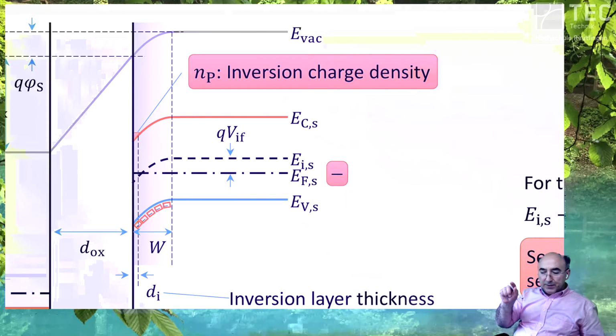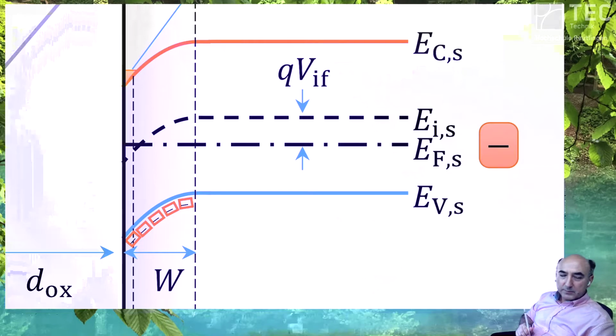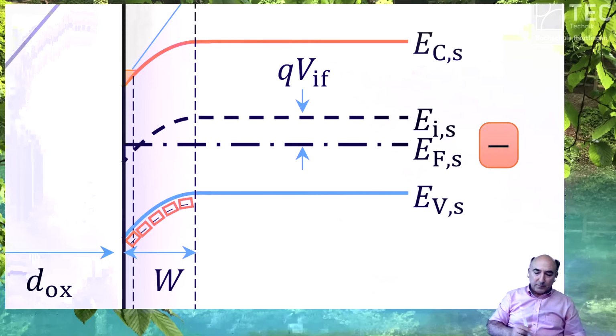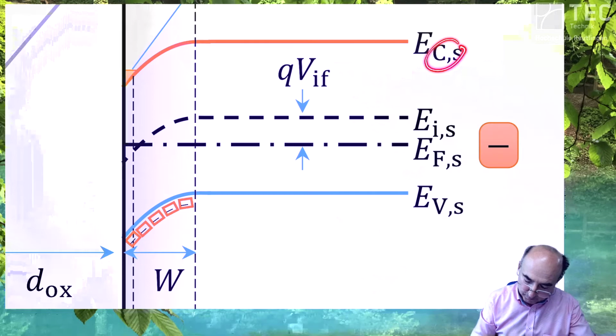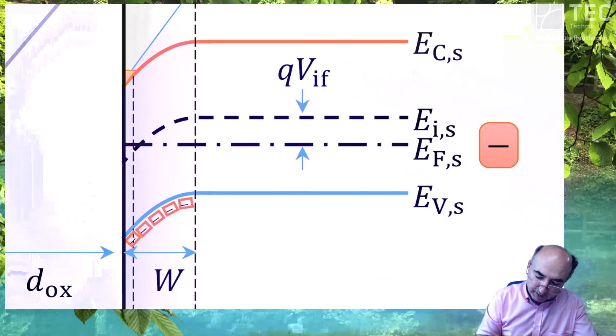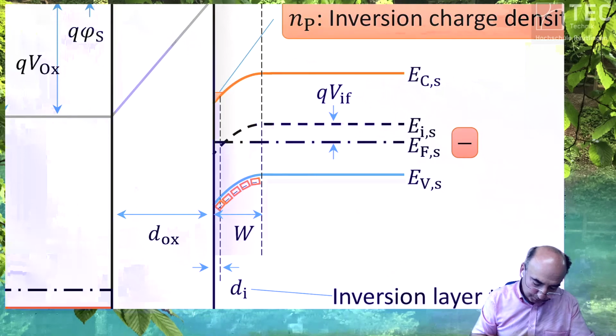Take a closer look here. Your conduction band edge, valence band edge, and your Fermi level. Due to your applied voltage, you need some charges.